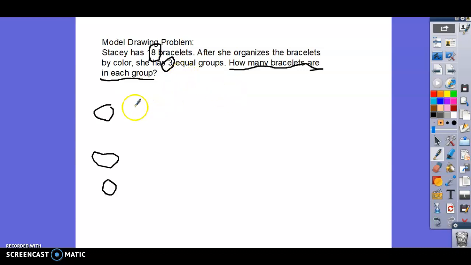Okay. So now I'm going to start dividing these bracelets into 3 groups. So I have 1, 2, 3. Then I have 4, 5, 6, 7, 8, 9. I want you to finish this if you have not finished it already.